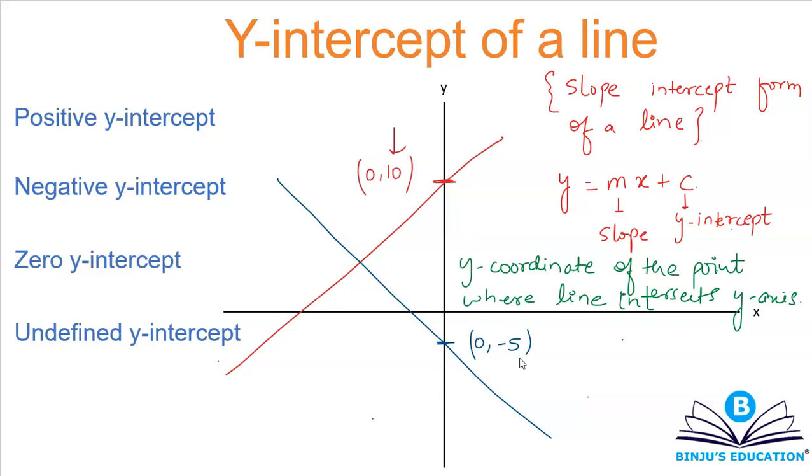Alright. Now when you talk about y-intercept, there are basically 4 types of y-intercepts: positive, negative, 0 and undefined. Now when will you get a positive y-intercept? When the line will intersect the y-axis above origin.